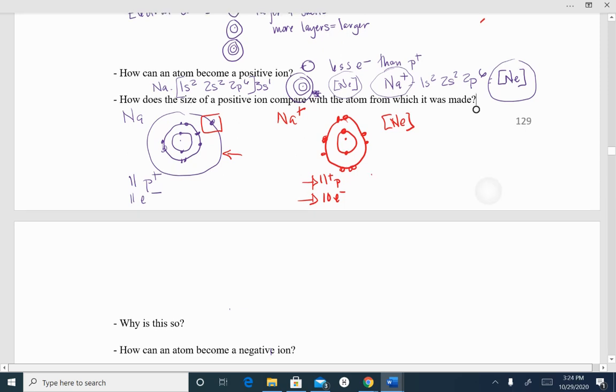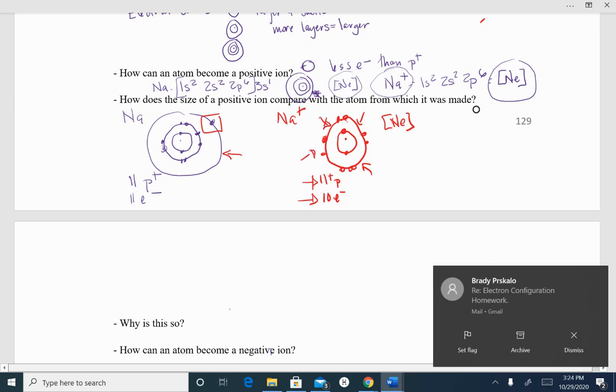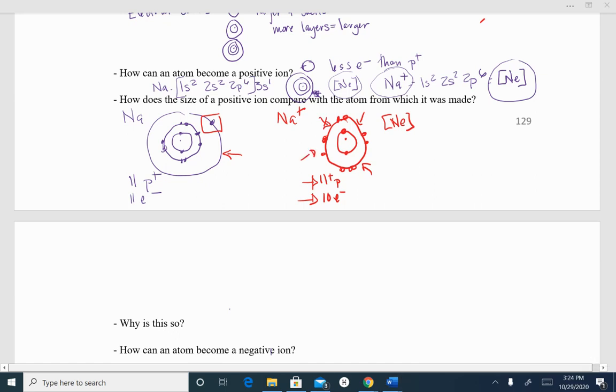These electrons are pushed a little bit closer to the nucleus because I have that extra proton pulling in compared to neon. So the size of a positive ion compared to the atom from which it is made: the ion is smaller than the atom.